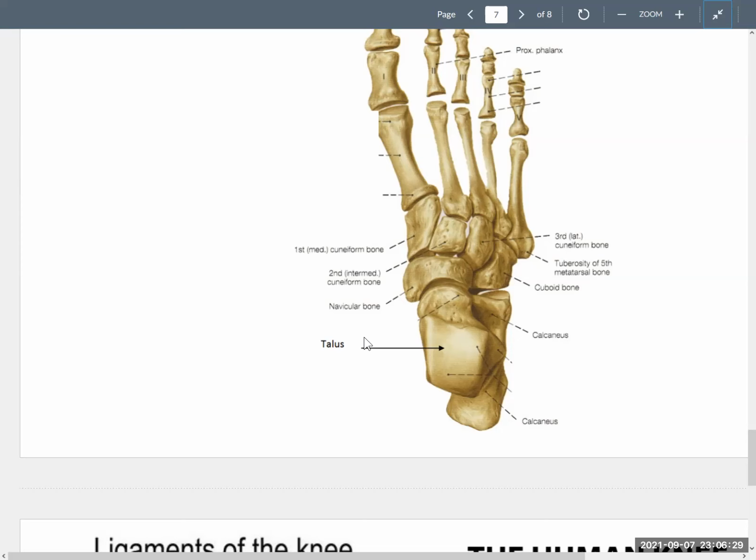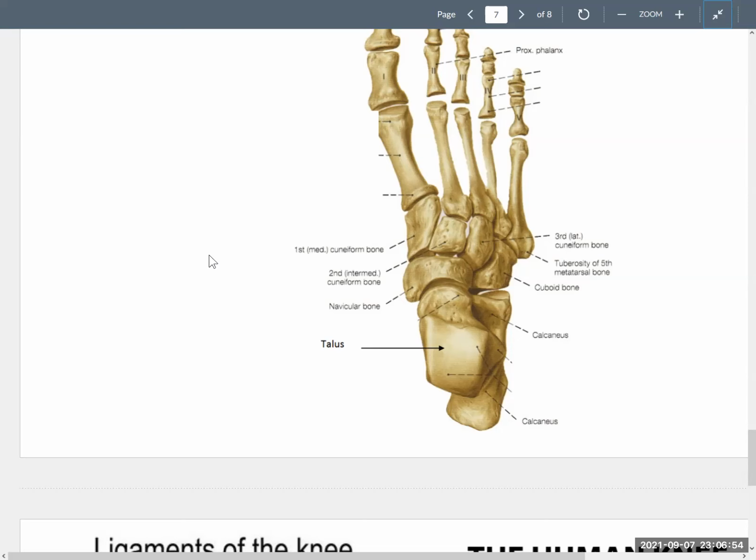Okay. Then they did put in parentheses the words. First cuneiform is the medial cuneiform. It is medial. The second one is intermediate. The third is lateral. But lateral to me would mean it should be out here. And I think that's confusing.